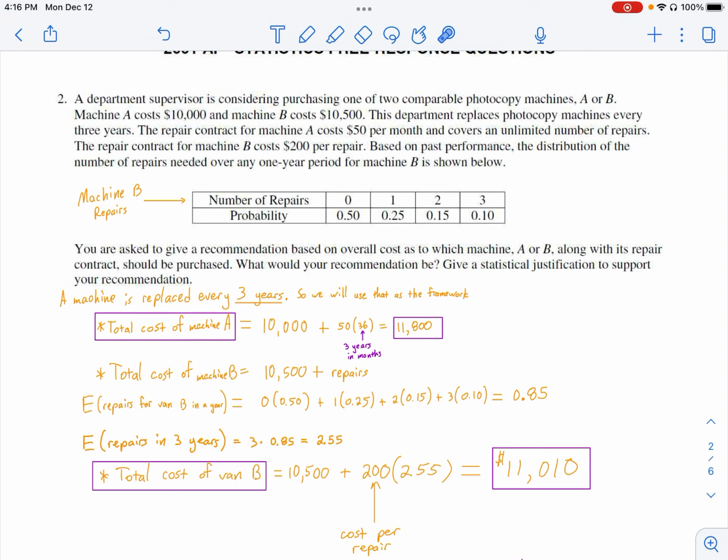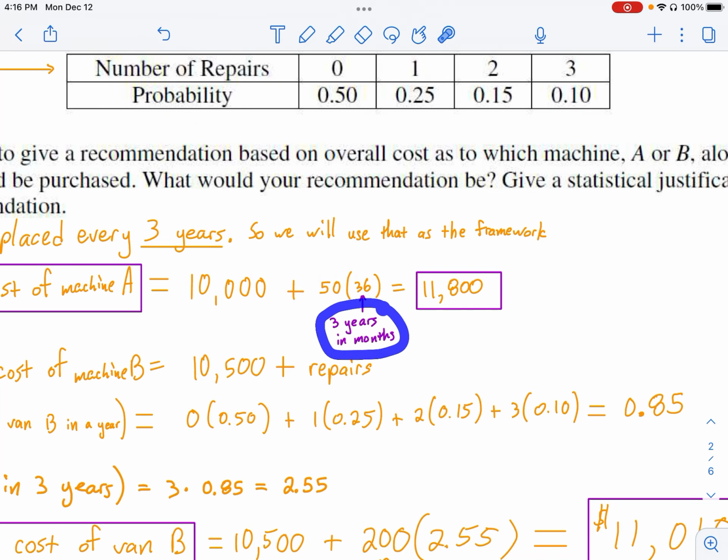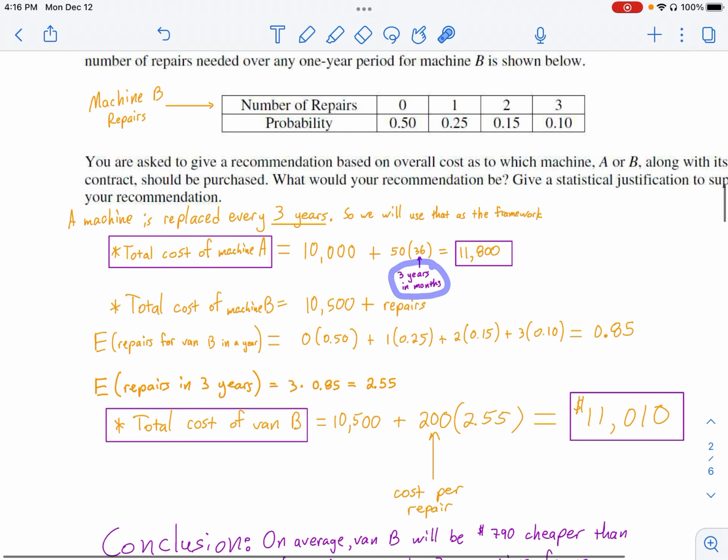Plus, it's $50 per month for 3 years because it takes 3 years to repair until they buy new ones. So I did $50 a month times 36 months because that's 3 years in months. So when they buy machine A, they know they're going to spend exactly 11,800.